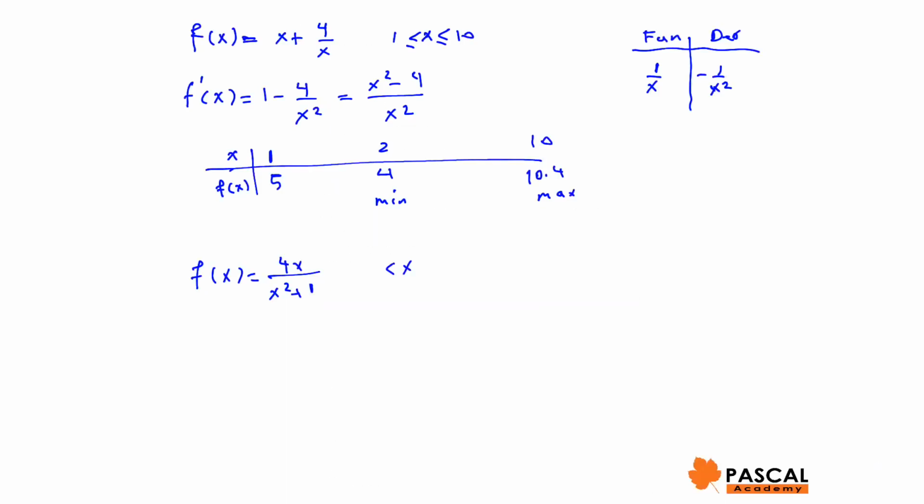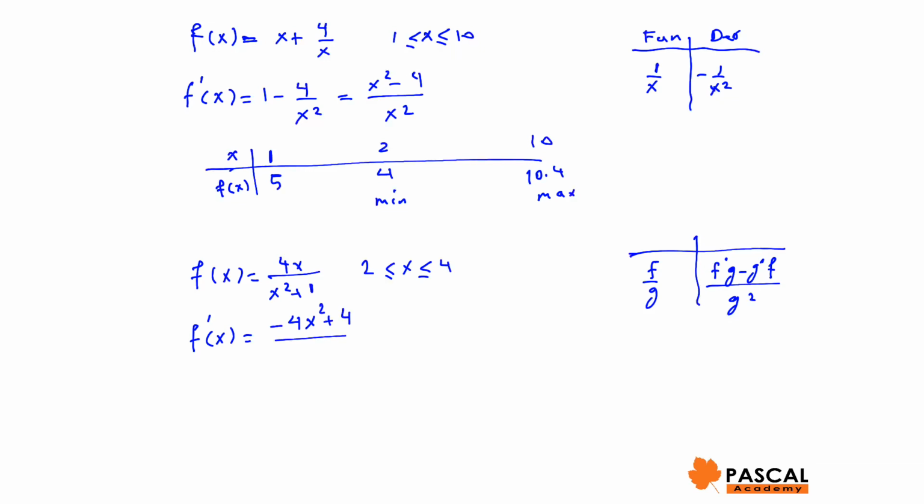The derivative of f over g is (f'g - g'f)/g^2. The derivative of the numerator is 4. The derivative of the denominator is 2x. 4 times (x^2 + 1) minus 8x^2, which is (-4x^2 + 4), divided by (x^2 + 1)^2, is the derivative of the function.